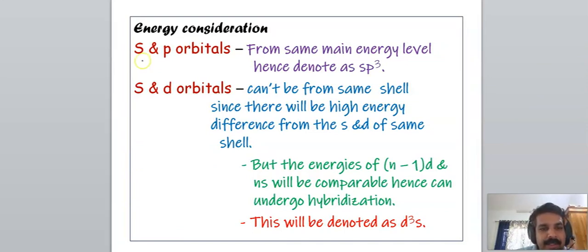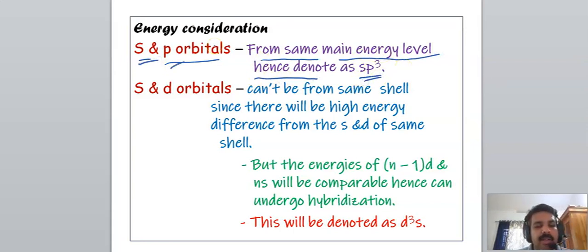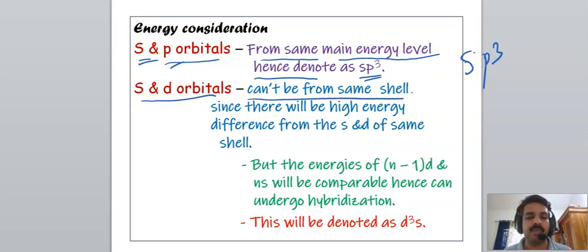it is clear that s and p orbitals are from the same main energy level. Hence, it is denoted as sp3. And s and d orbitals can't be from the same shell. Why?